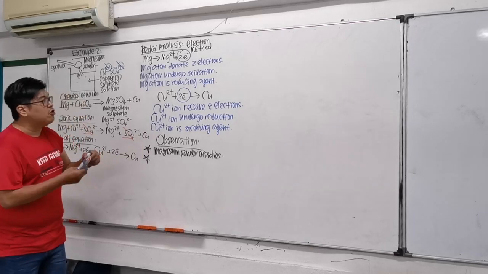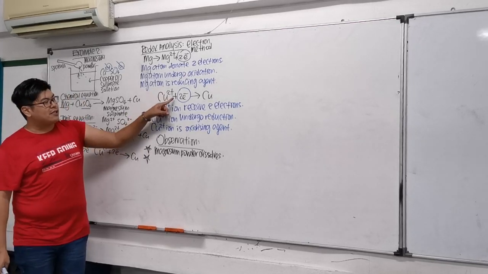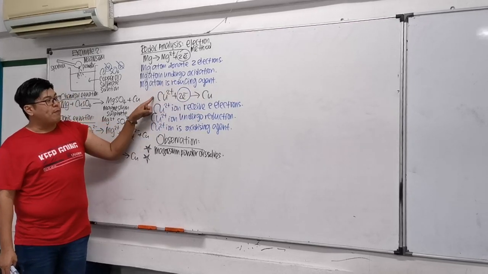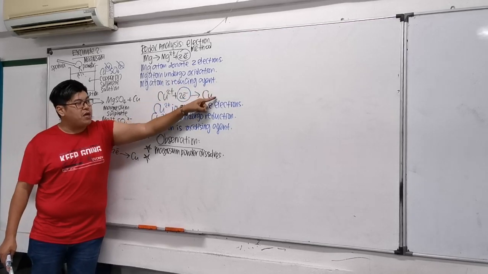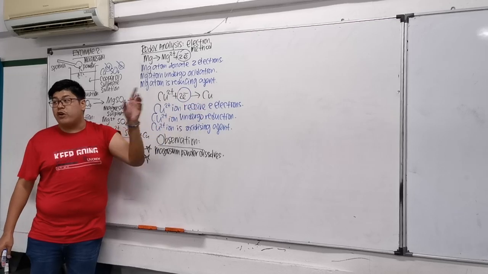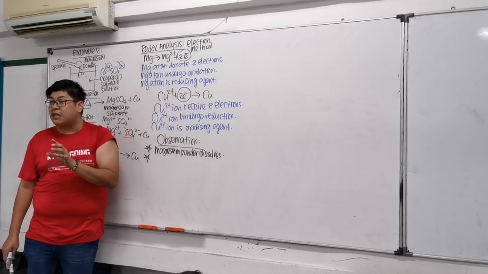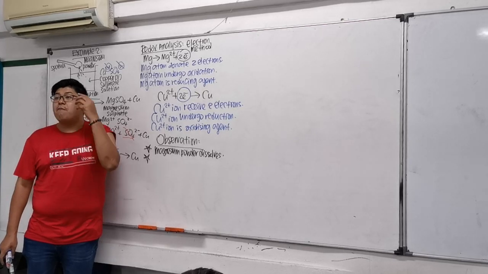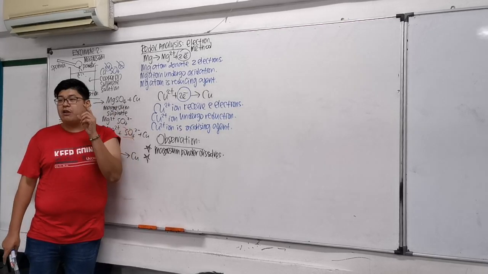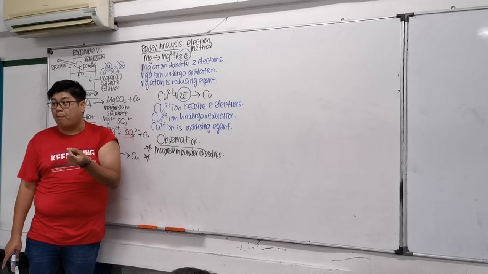Alright, second observation. Put your eyes here: Cu2+ + 2e- becomes Cu. You are forming or producing copper. When you produce copper, a metal, you expect to see a solid, because metal appears as a solid. Now the important thing: what color is copper?